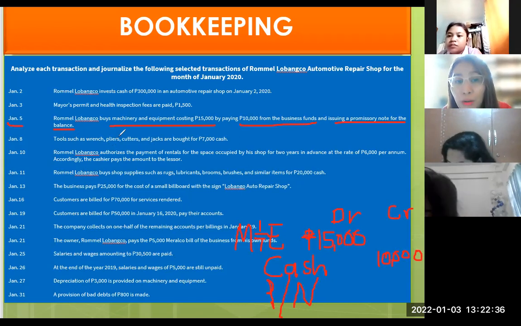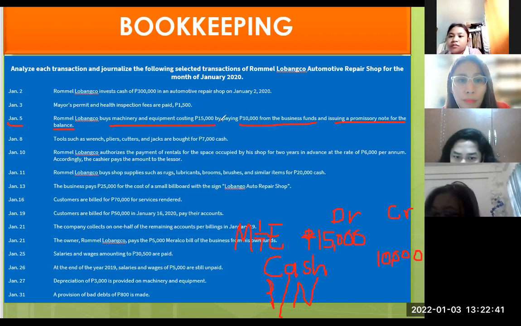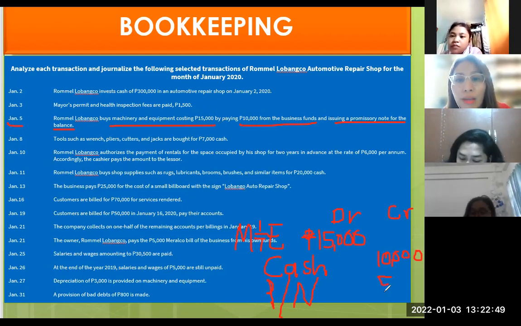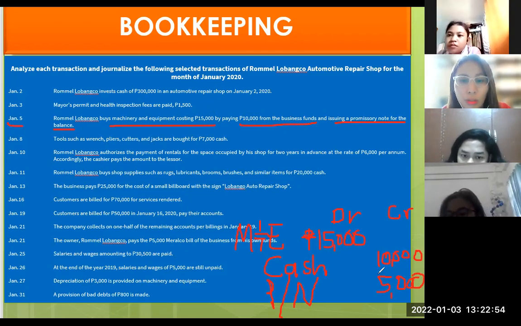So, magkano yung balance ng 15,000 pesos na machinery and equipment, and then nagbayad siya ng 10,000, we will now have 5,000 pesos amount sa promissory note.